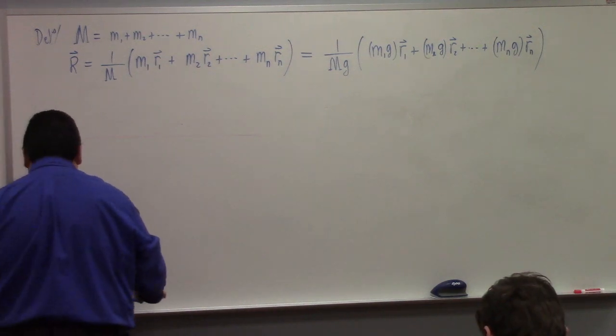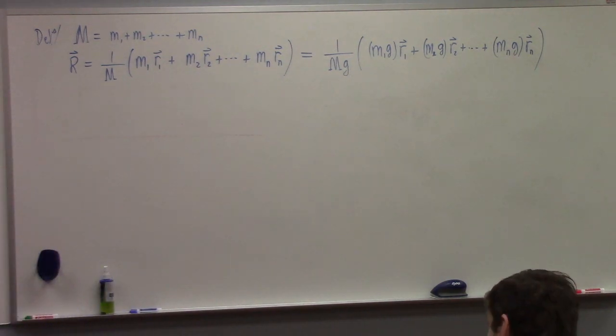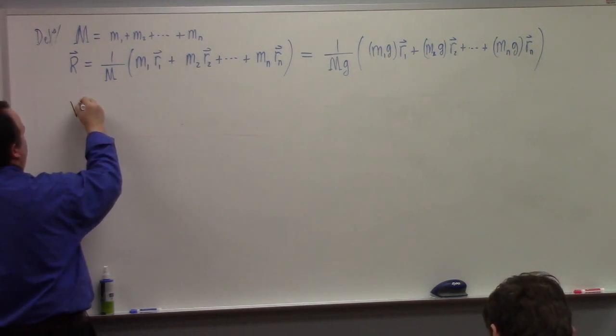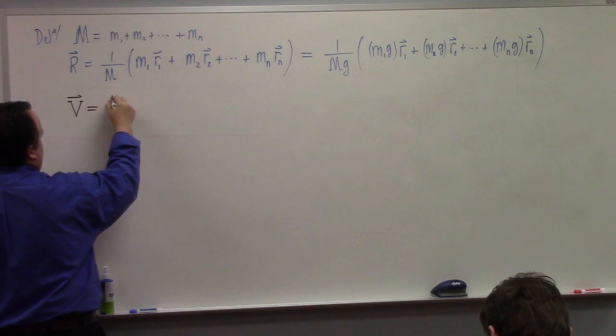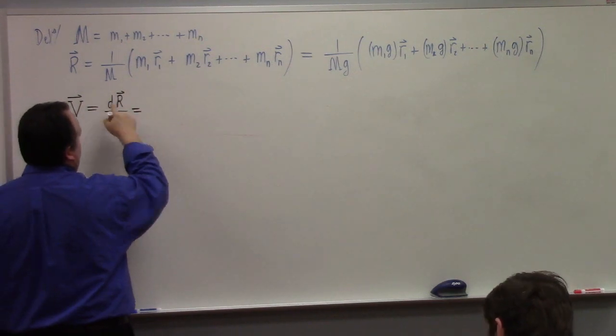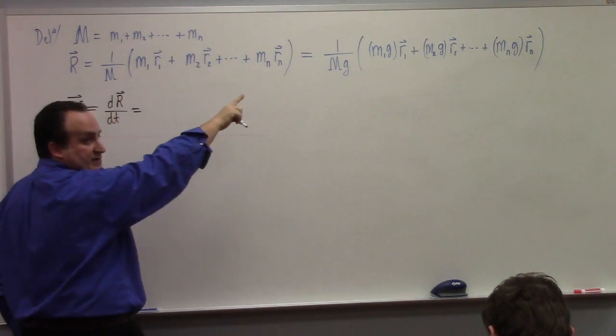But once you have this, if that's the center of mass, what happens when you differentiate this? Let's say big V is dR/dt. This will be the velocity of the center of mass. What's that going to be equal to? See what happens when you differentiate this.